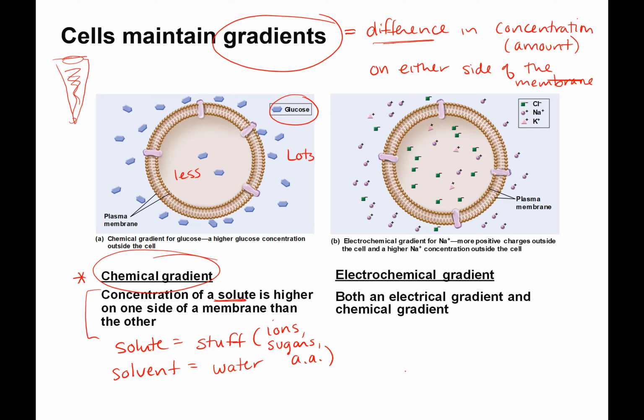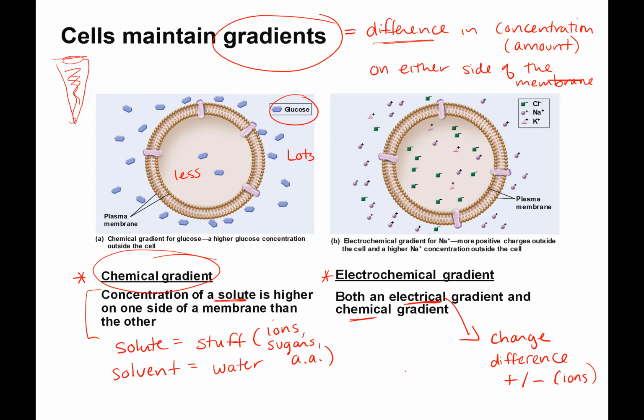The next picture over talks about electrochemical gradient. So that means there's an electrical gradient and a chemical. So electrical means charge difference. Or an electrical gradient means there's a difference in charge. So that means pluses or minuses. So think ions.